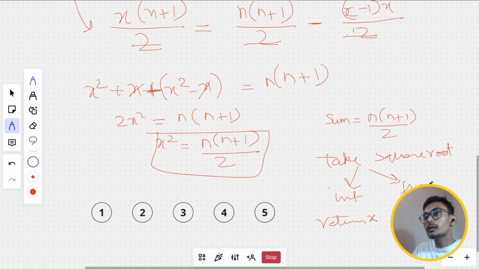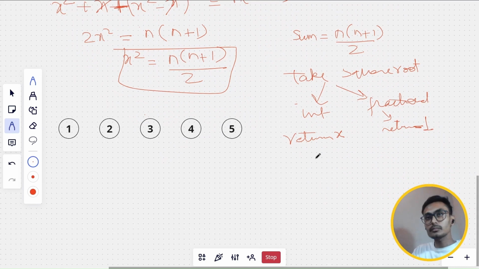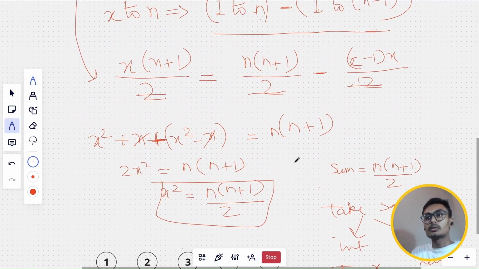If it is fractional, we return -1. So this is the approach. Everything sums up to this equation: x square is equal to n plus 1 by 2.